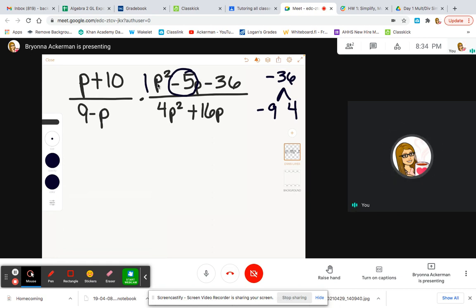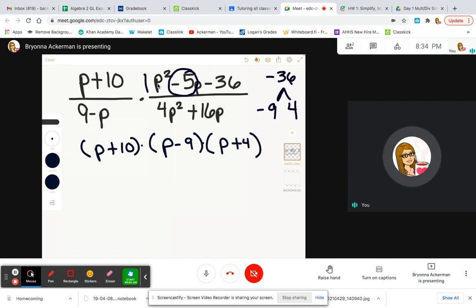Okay, so I am going to rewrite that top right now as factored. So I'm going to get p minus 9 and p plus 4. And on top, I still had the p plus 10. And so if I'm multiplying all those, that's what my numerator now looks like.